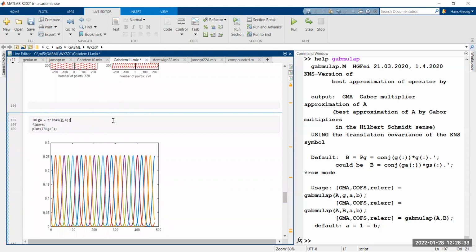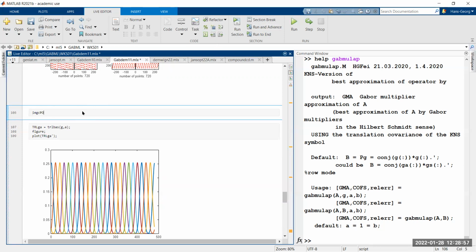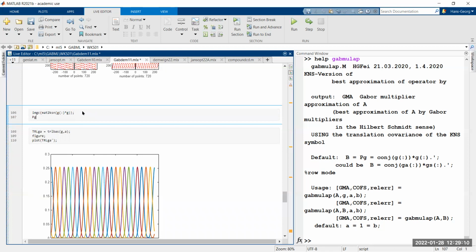So why is this relevant, or how can I understand this phenomenon? And the question is, maybe we look at the projection operators, and I'm showing you what is the relevant fact in the background. We look at the Kohn-Nirenberg symbol of the projection operator, and we know that projection operator means first you take the projection here, so you can call it PGG.